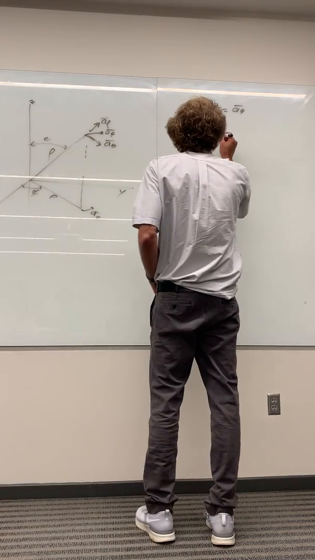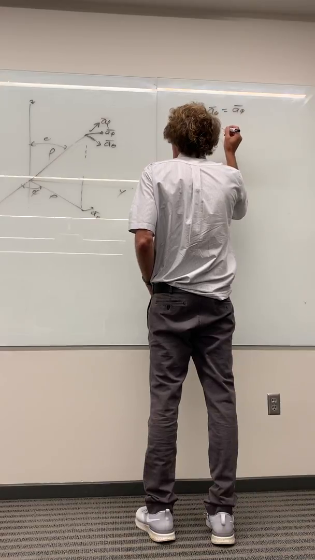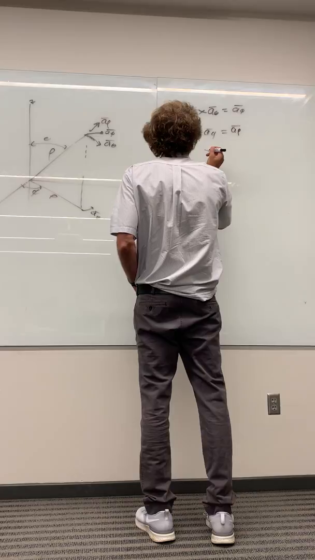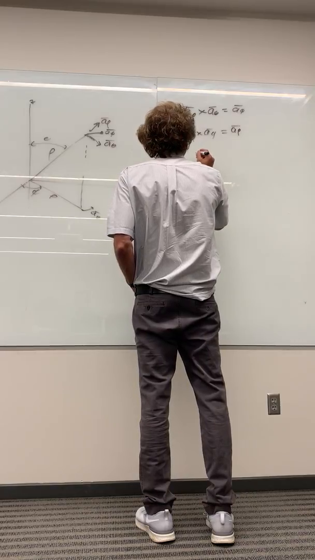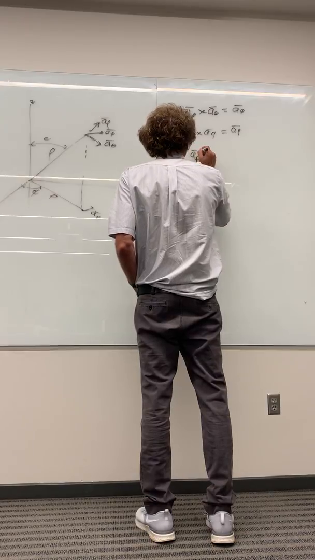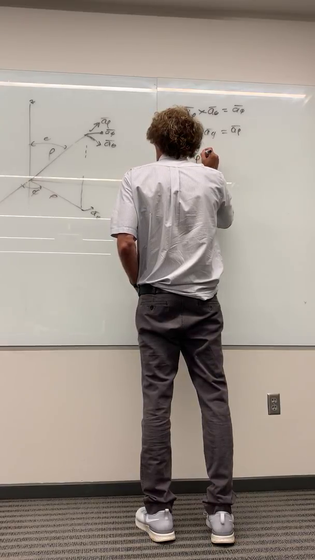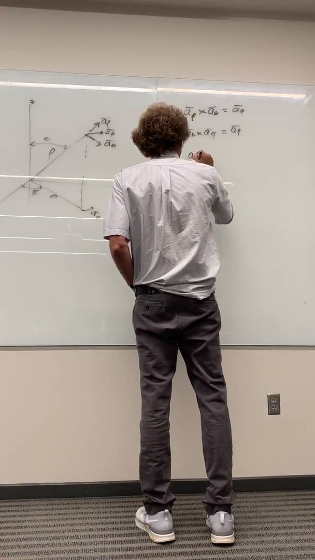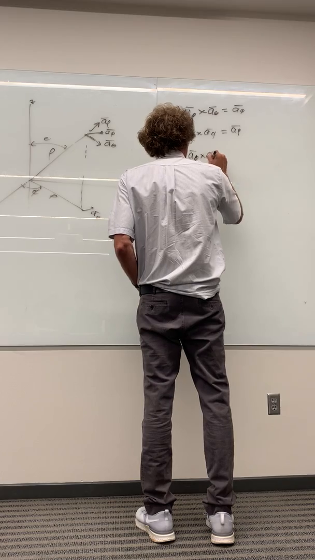So A theta crossed A phi is A rho. And then you could say, what's A rho? Actually, I should do it this way. Let me do A phi cross A rho. What is that?